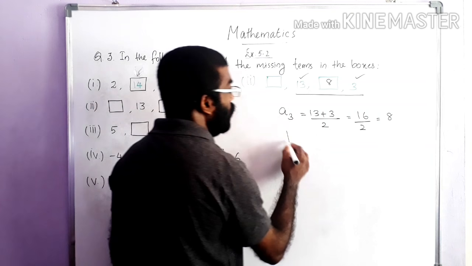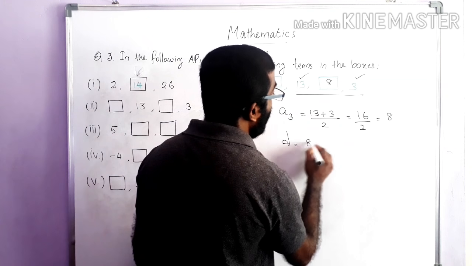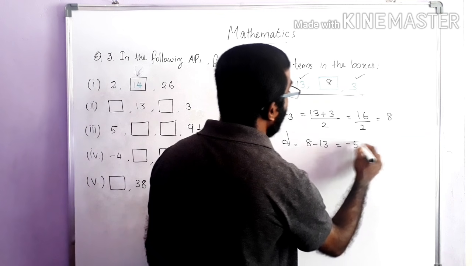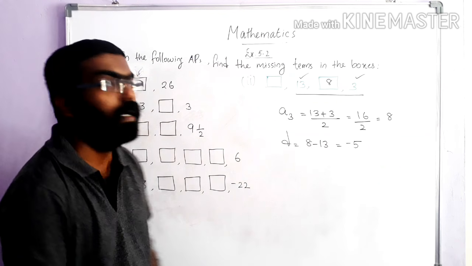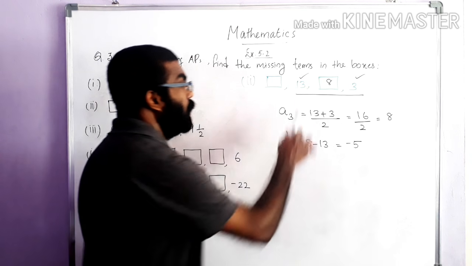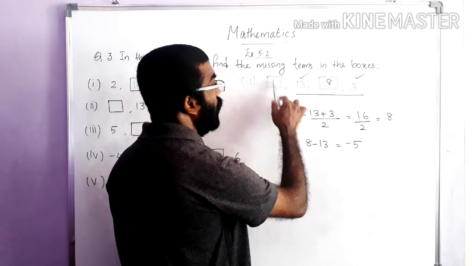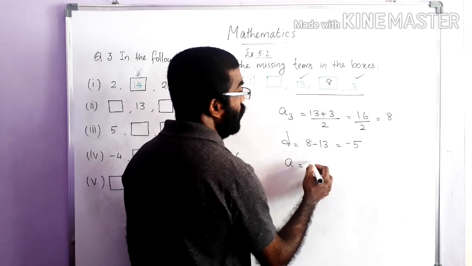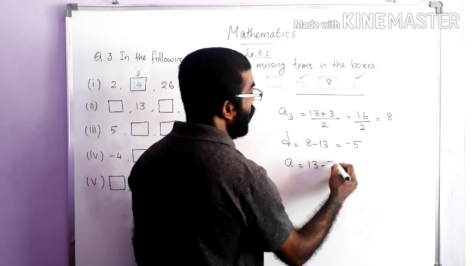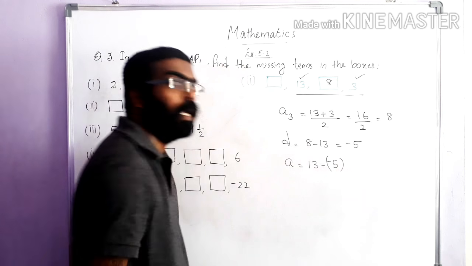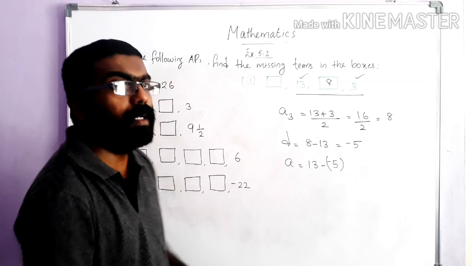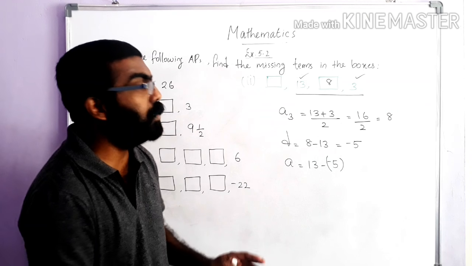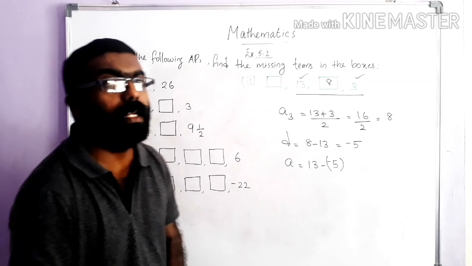Now in order to find the first term, we must know the value of d. So d we can find: d is equal to 8 minus 13, and 8 minus 13 is minus 5. The value of d is minus 5. Now we can subtract d from the second term in order to get the first term. So the first term a is equal to 13 minus (minus 5). As we know, an AP is a list of numbers got by adding a fixed number to the preceding term except the first term.